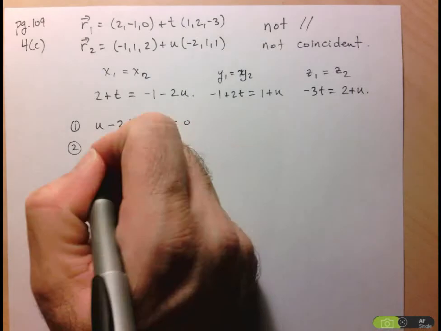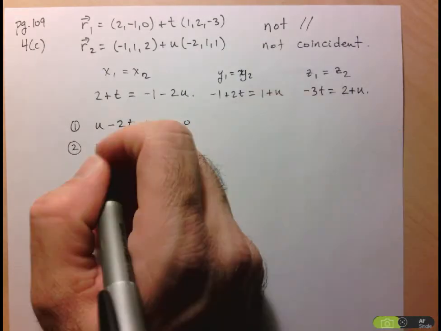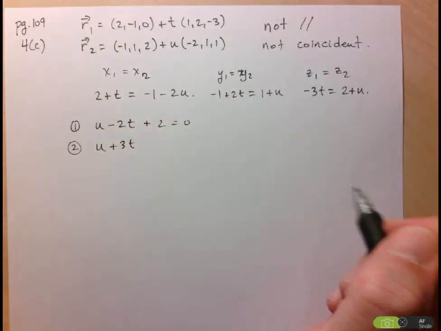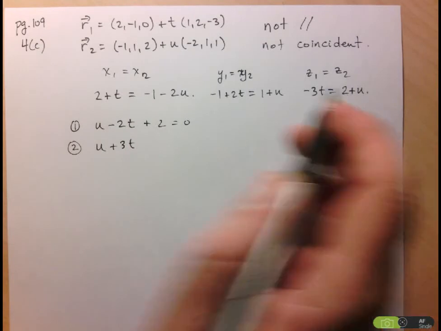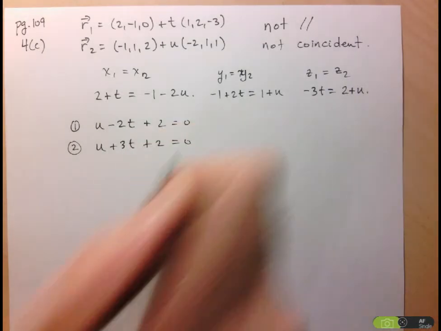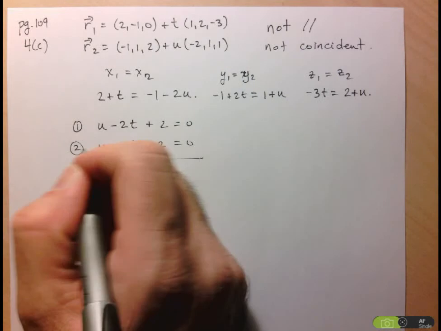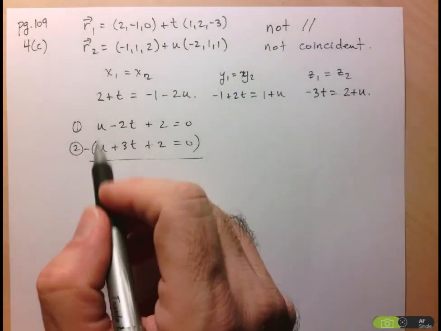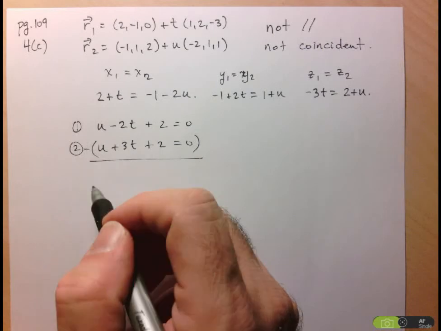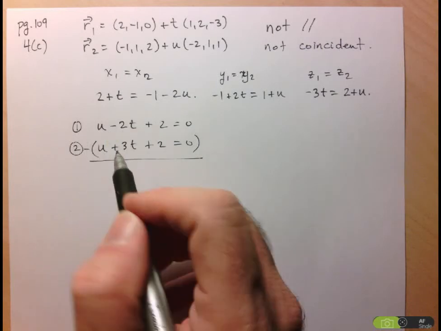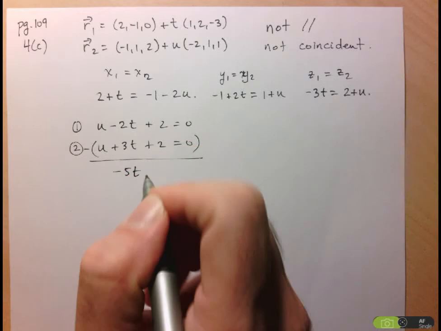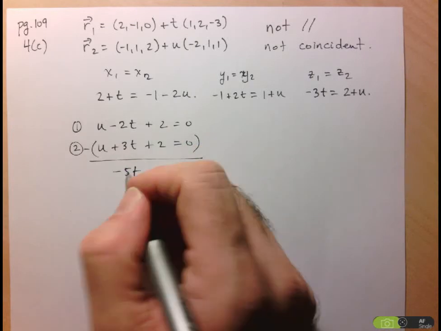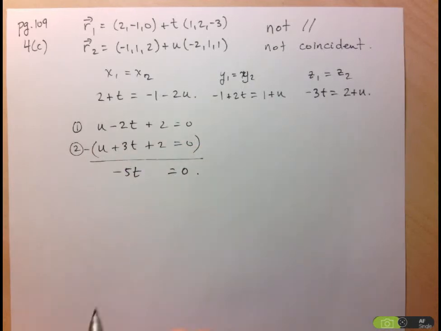So u, bring the 3t to the other side, so plus 3t, and then we're just left with plus 2 equals 0. Now I'm going to subtract these two equations in order to eliminate the u variable. So u minus u is 0, negative 2t minus 3t is negative 5t, and then 2 minus 2 is 0. That works out nicely, so equals 0.